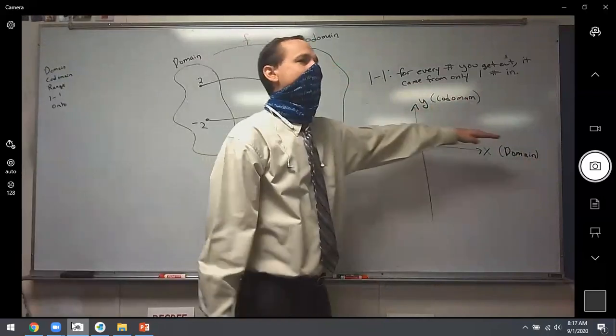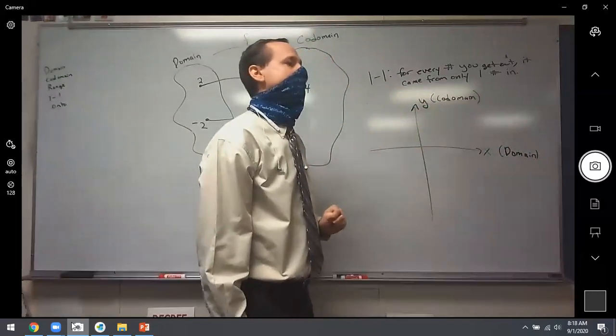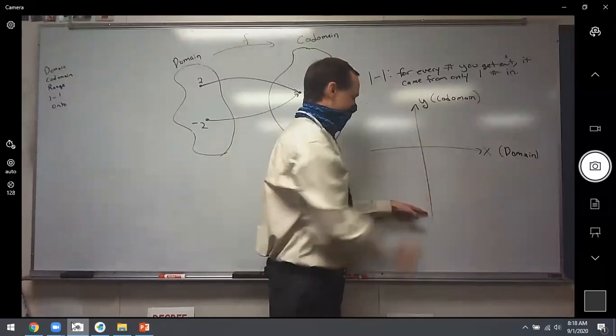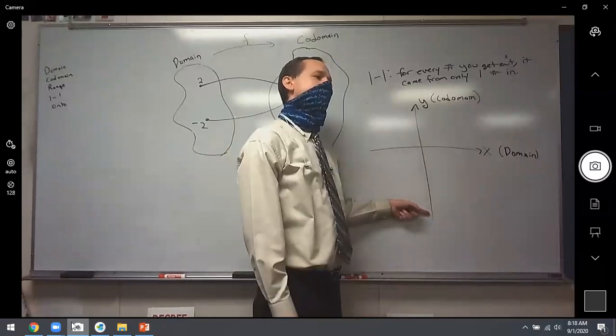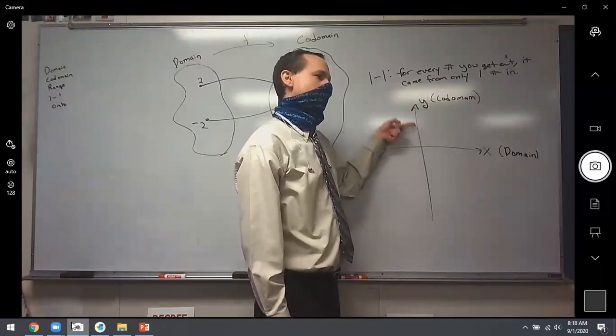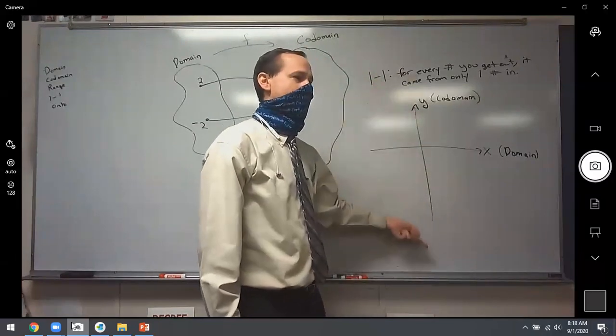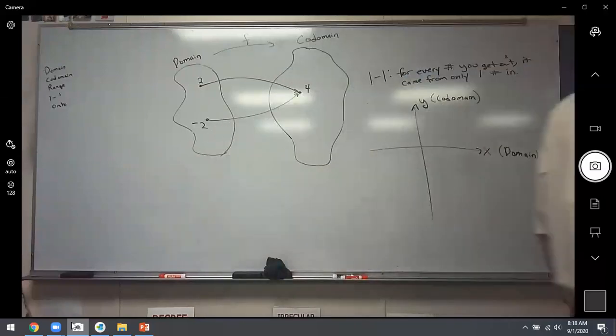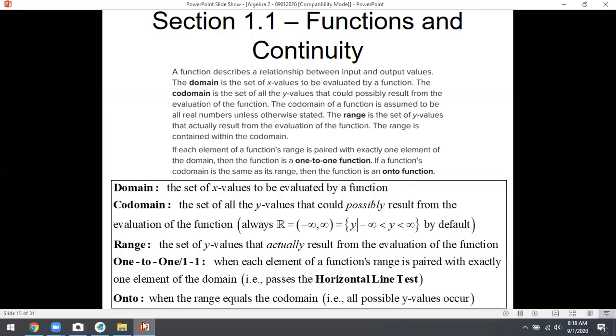No matter what graph we do, what numbers could you get out? Is it possible I could draw a graph that would go this low? Possible here, here, here, here. It could go pretty much any height I wanted, correct? Which, if you go back to the notes real quick, is saying the codomain, which you could get out, correct? By default, if they don't tell you, this is an important point, if they don't say anything, you can assume you can get out all the numbers here from way down here.